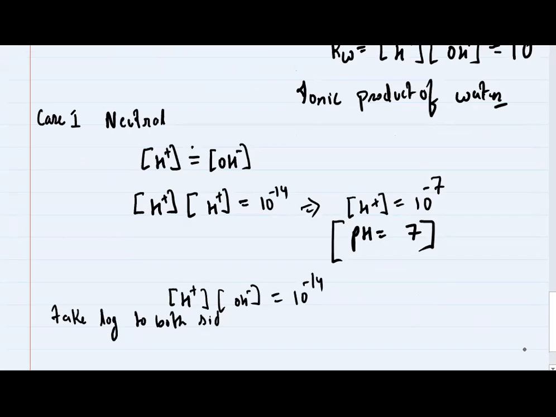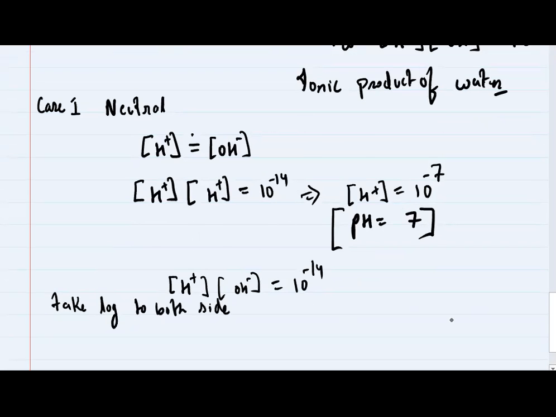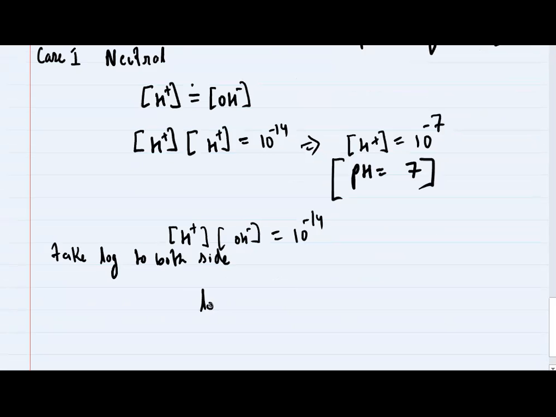So we will get log of concentration of H plus into concentration of OH minus is equal to minus 14. Log base 10, obviously. Yes or no? Because we know that log of 10 to the power minus 14 base 10 is equal to minus 14.